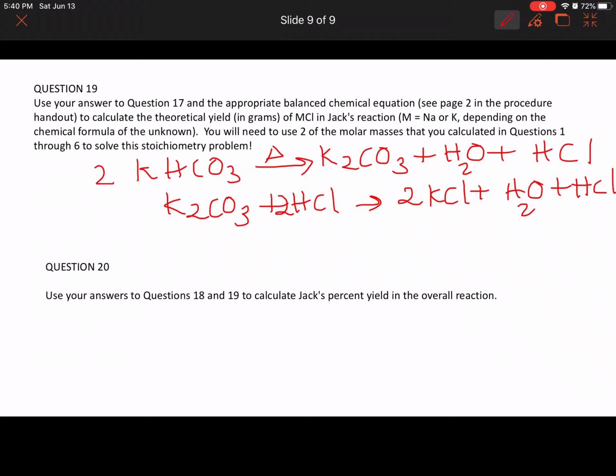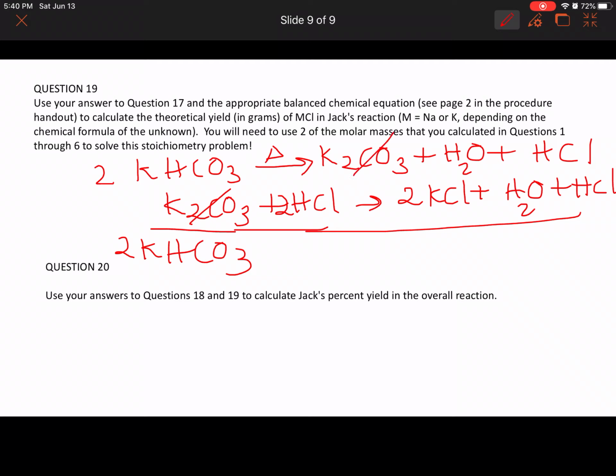Okay, and since it involved 2 reactions for a hydrogen carbonate, you need to add these equations together. So the overall equation would be 2 potassium hydrogen carbonate plus 2 HCl giving us 2 KCl, 2 water molecules and 2 CO2, with the common species cancelling.